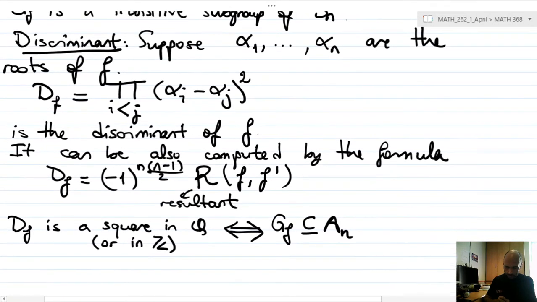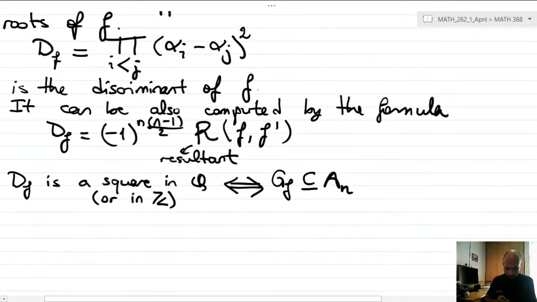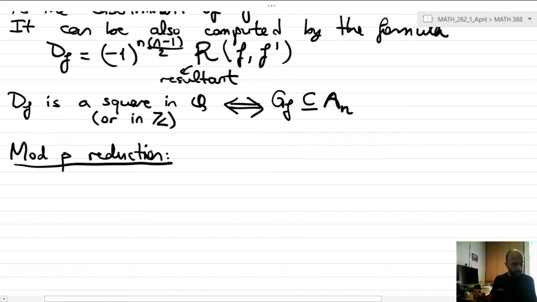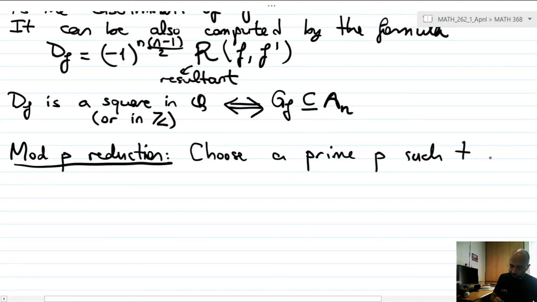Okay. Now, the other thing we also talked about is mod p reduction. For this purpose, choose a prime p such that p does not divide the discriminant of f.